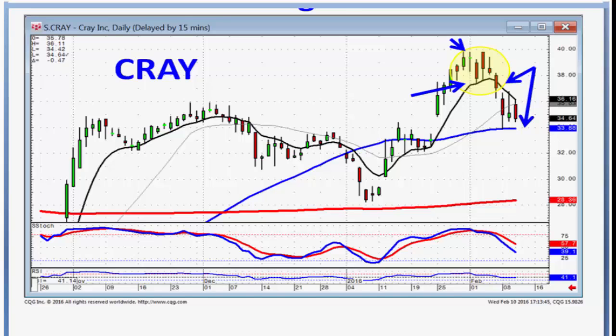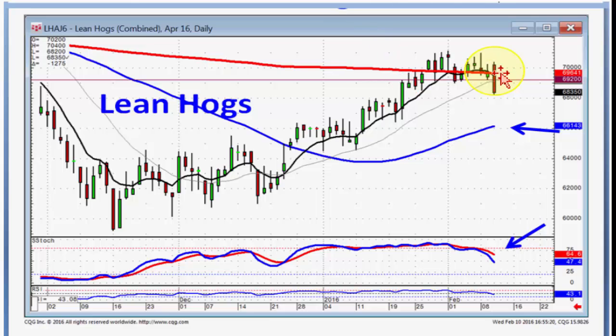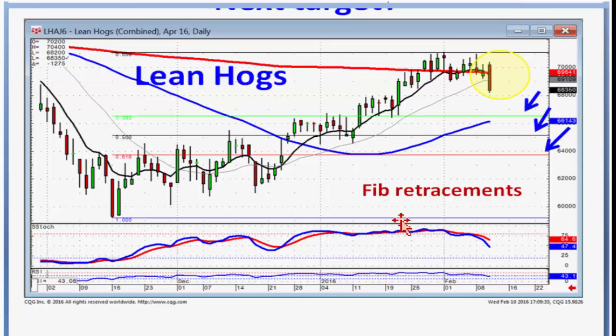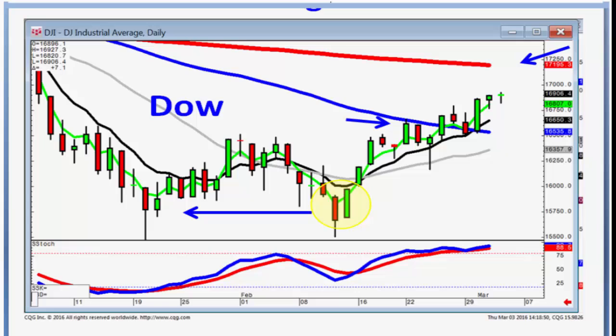It just gives us things to watch to see where something's going to happen. Bearish engulfing, left-right combo on hogs and the overbought conditions, stochastics heading down. At least we know our target is down in this direction. Or you can put your Fibonacci numbers on to see if one of those are going to be the target.